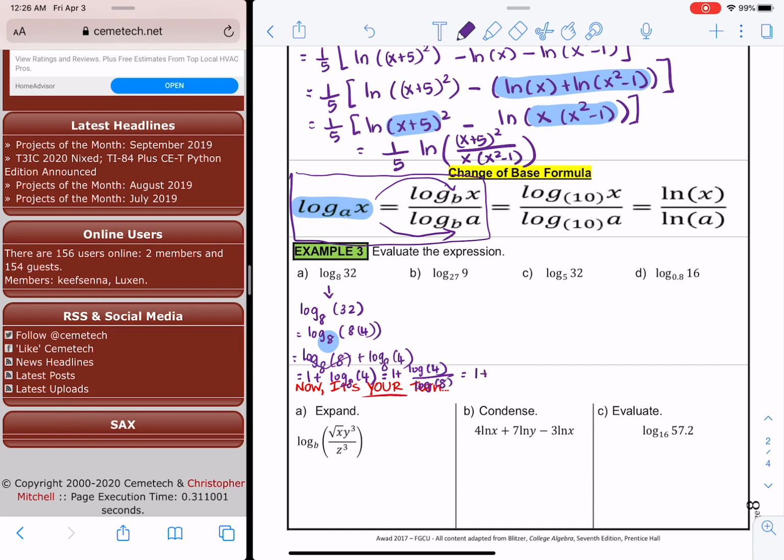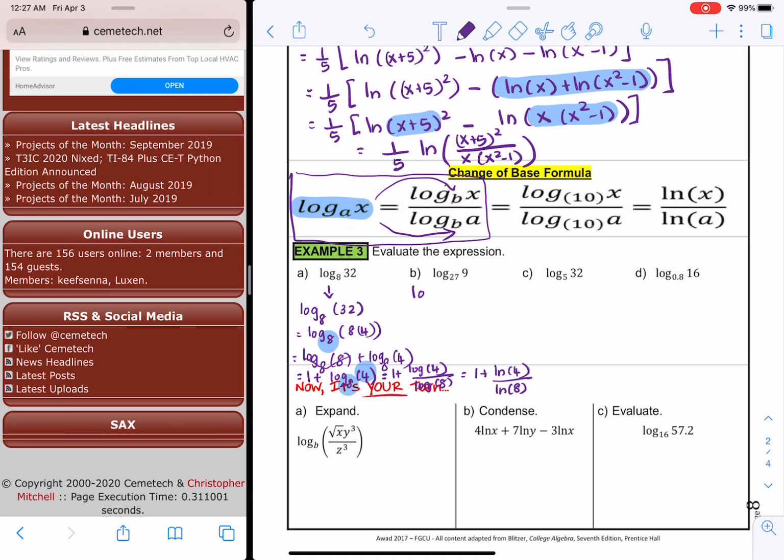It is the same as ln of 4 over ln of 8. So I see it as simply taking the log of 4 here, log of 8 there, and divide it. Or you can take the natural log. It's entirely up to you.